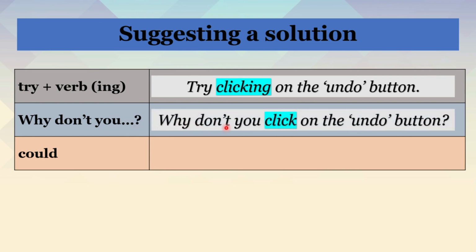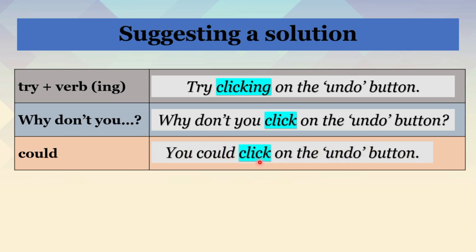For example, why don't you click on the undo button? And you can also use the modal could. You could click on the undo button. You can see that why don't you and could are both followed by the bare infinitive, that is, the base form of the verb. Great.